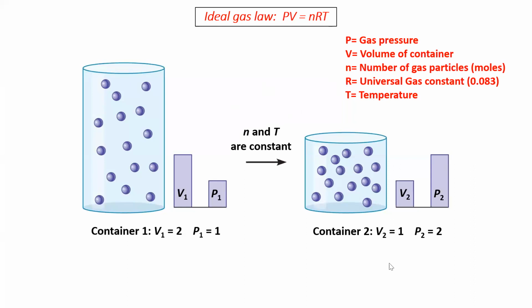In the second scenario, if I make my container smaller, by default my pressure is going to increase in the same proportion. The volume went from 2 on this side to 1 on this side. And as a result, the pressure has increased from 1 on this side to 2 on this side.